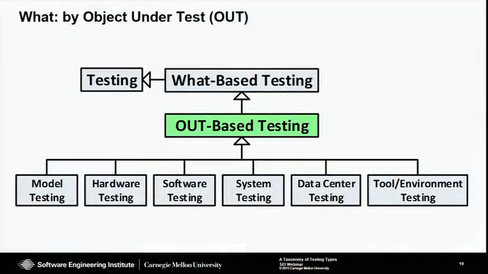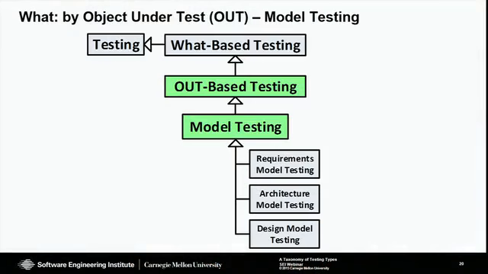When you have a data center, you can do some testing on the data center itself. So you're not looking at a single program, but you're looking at a data center that might be supporting multiple ones. And then there are the tools and the environments, whether those are development tools or test tools and test environments.